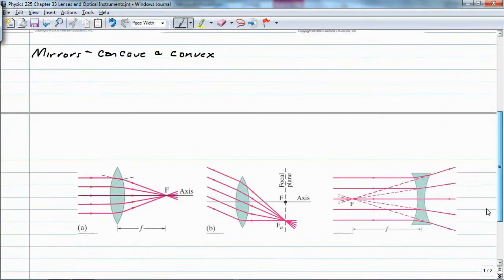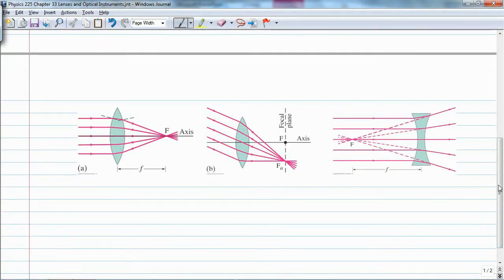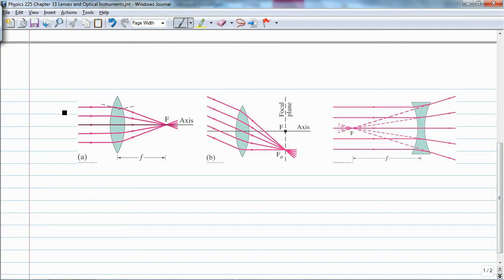Now, everything that we're going to do with lenses is going to be very similar to what we did with the mirrors, in that we're going to have ray tracing. So the lenses are going to have a focal point just like we had with a mirror. But the interesting thing about lenses is they actually have a focal plane, meaning that depending on how I look through the lens, I get this plane in the background where everything becomes in focus, depending on which way I look through the lens.